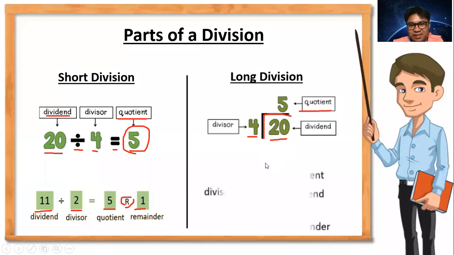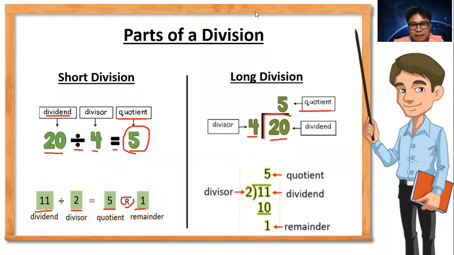So if there is a remainder, you can see here the dividend inside, and then the divisor on the other side, and then the answer, the quotient, is on top. And then this is what we call the remainder here. Okay. So 11 divided by 2 is 5. 5 times 2 is 10. Then 11 minus 10 is 1. And this is what we call the remainder 1. Okay. So these are the parts of division.